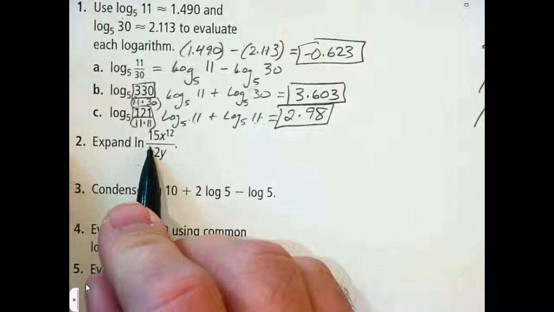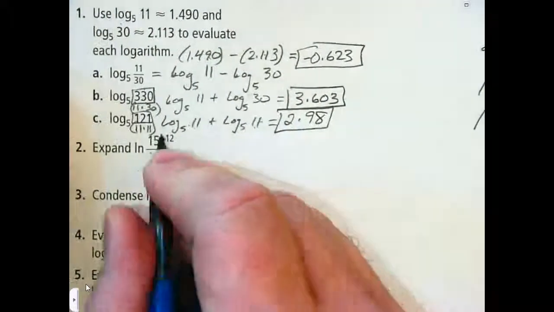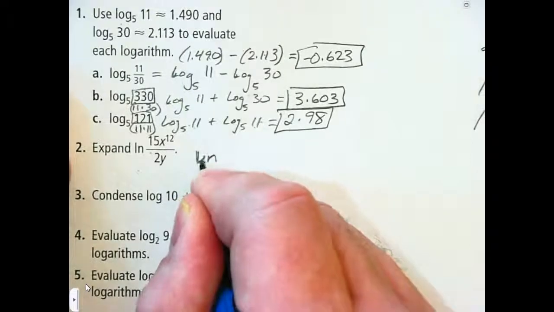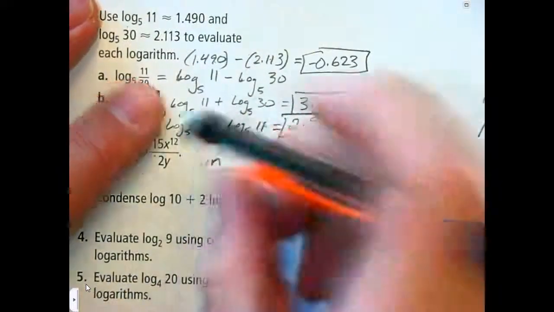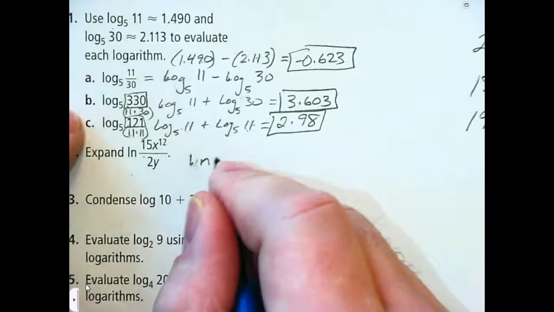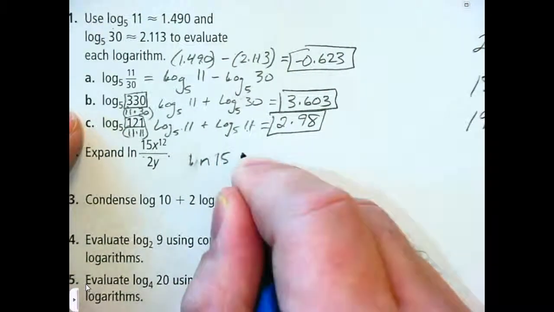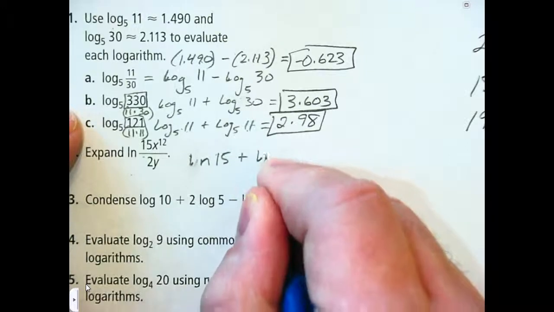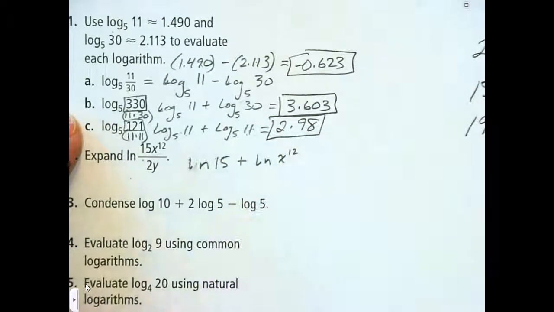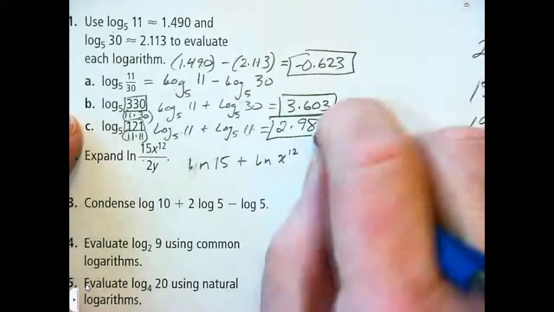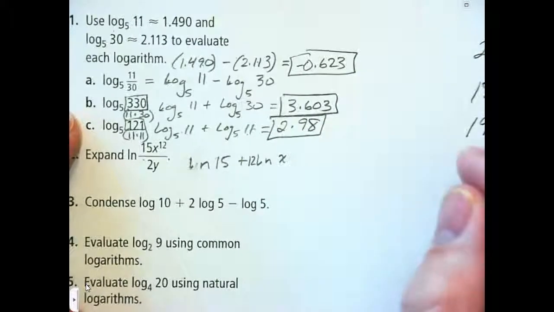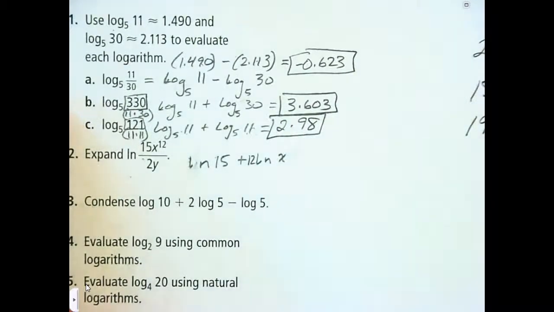Okay, expanding this, we would on the top have the natural log of 15 plus the natural log of x to the 12th, which I am going to move that 12 out in front, so it's actually going to be plus 12 natural log of x, using the power property.